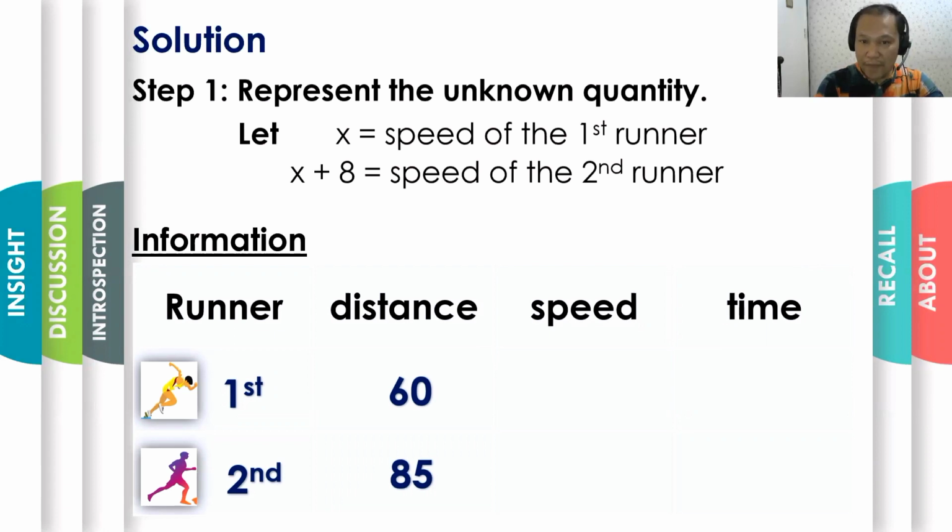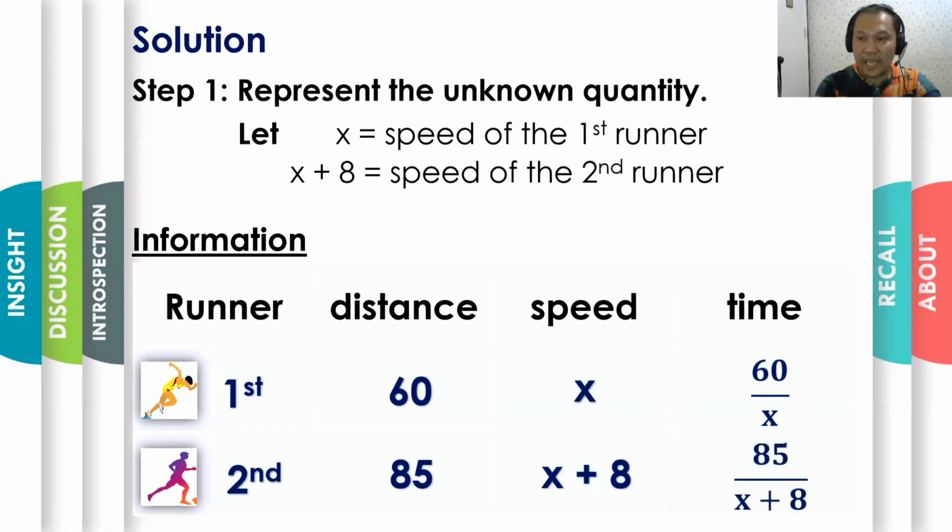In terms of speed, the first runner is x, while the second runner is x plus 8. And remember, in our formula, time is equal to distance over speed. Therefore, we can represent the time for the first runner as 60 all over x. On the other hand, for the second runner, it will be 85 all over x plus 8.